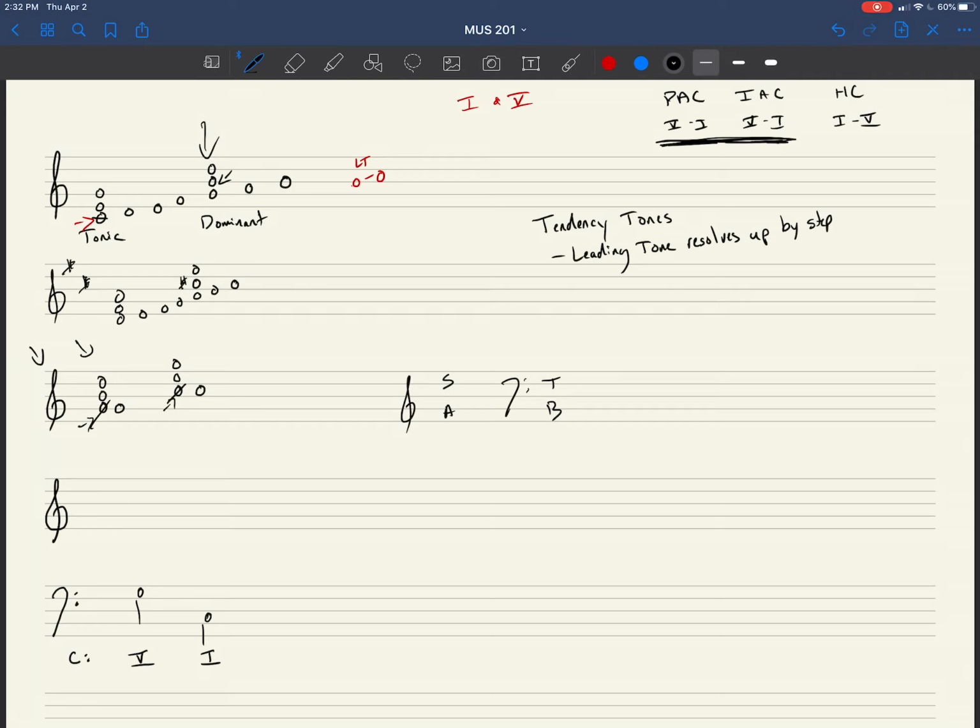So the next thing I want to do is I want to deal with my tendency tones, which in this case is just a leading tone, because that way I won't make a mistake. The leading tone always has to go up, and the leading tone is going to be the third of your 5 chord. So I'm going to put my B right here in the tenor. And I'm going to immediately resolve it to C, and I want you to always draw a line and write LT to indicate that that's a leading tone.